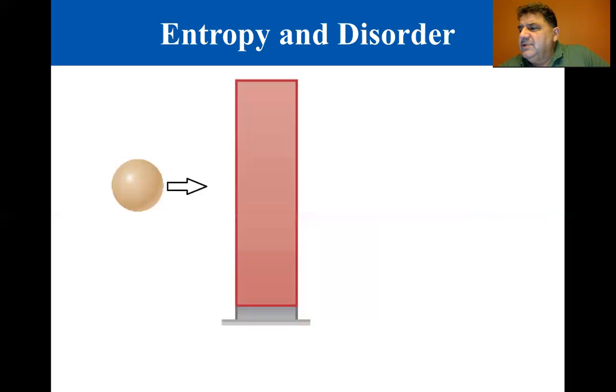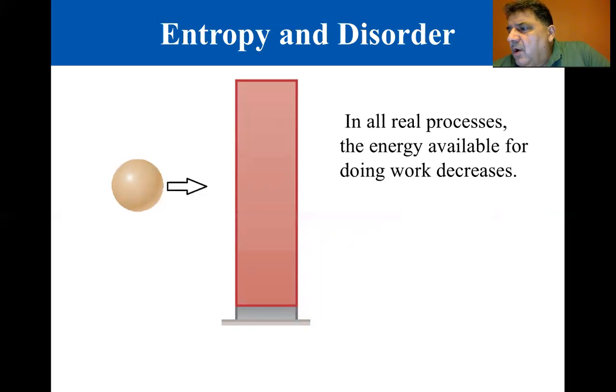When high-grade energy is converted into internal energy, it can never be fully recovered as high-grade energy. We call this the degradation of energy. The energy is said to be degraded because it takes on a form that is less useful for doing work. In other words, in all real processes, the energy available for doing work decreases.